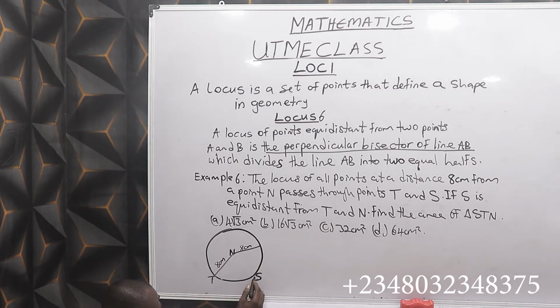And S is equidistant from T and N, meaning that this S cuts through the TN at the center. Let me take it through the center. Then this is the S. So in this case, S is equidistant from T and N, meaning that the line that comes from this S cuts TN into two equal halves.